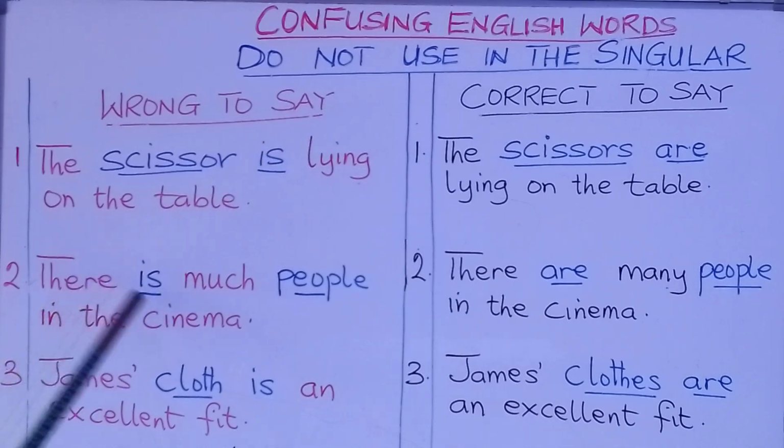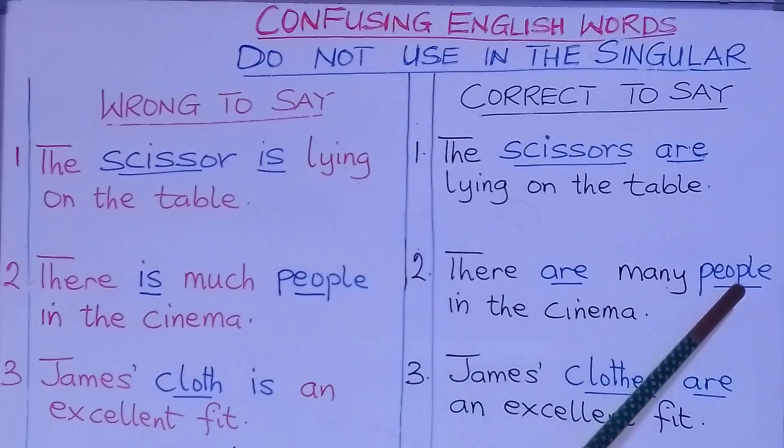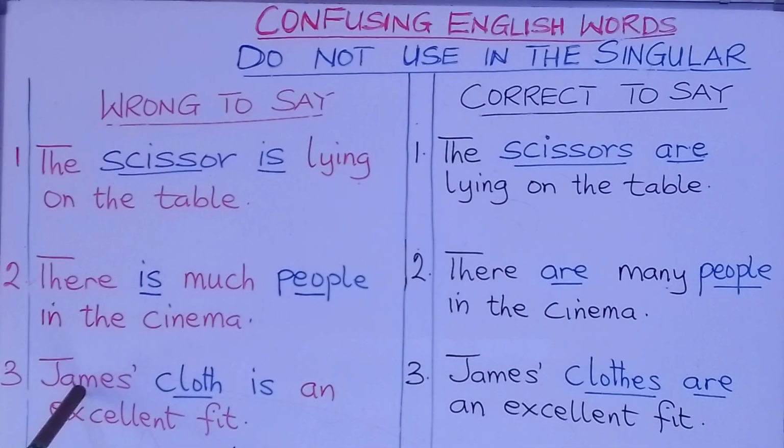Wrong to say there is much people in the cinema or in the class. Say there are many people in the cinema, not there is. Wrong to say James' cloth is an excellent fit. Say James' clothes are an excellent fit.